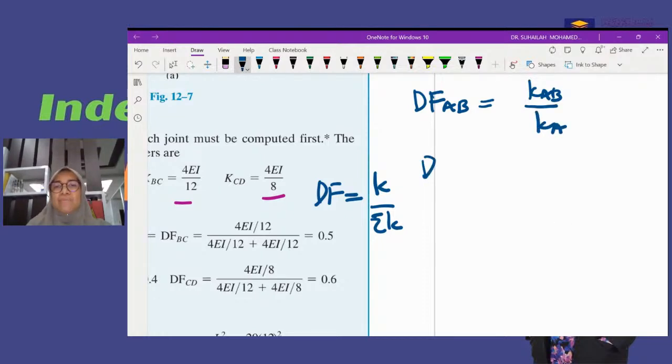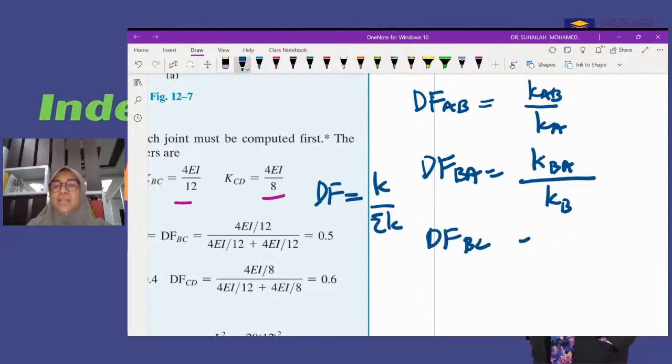To calculate DFBA, we have KBA divided by KB, and KB consists of BA and BC. And DF for BC is KBC divided by KB.